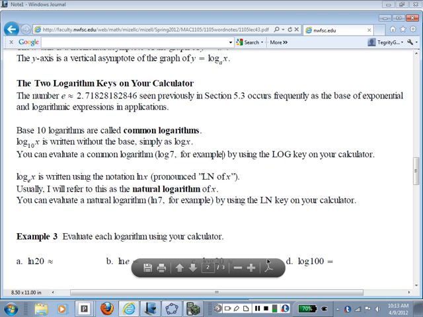Base e logarithms are called natural logarithms, and we use ln to denote natural logarithms. And base 10 logarithms are called common logarithms.